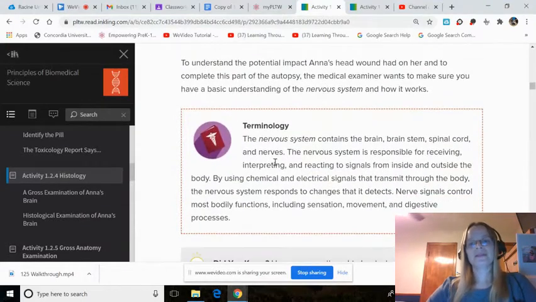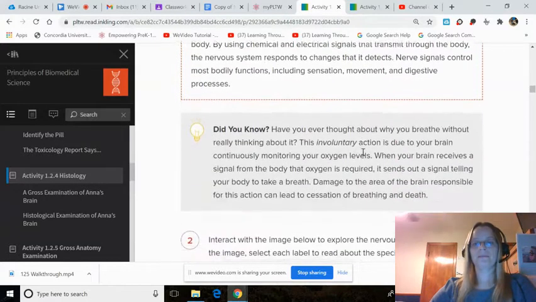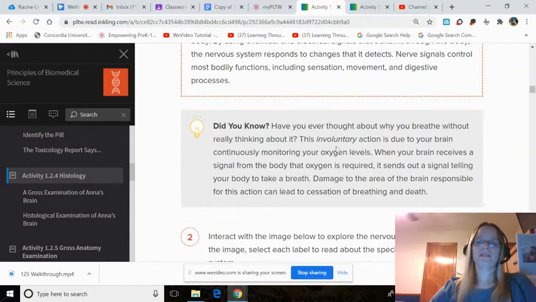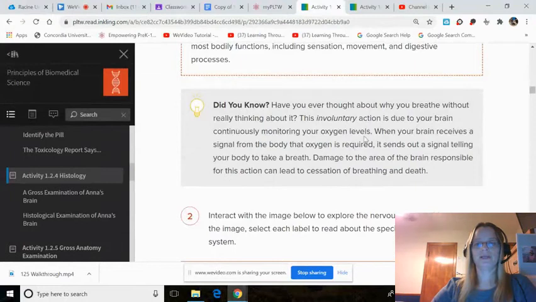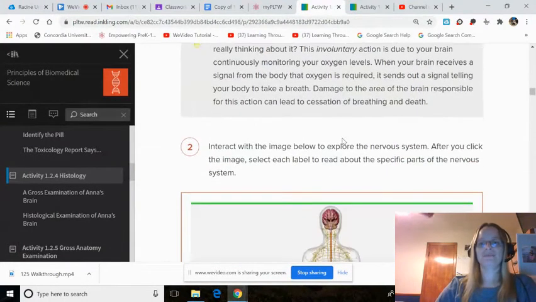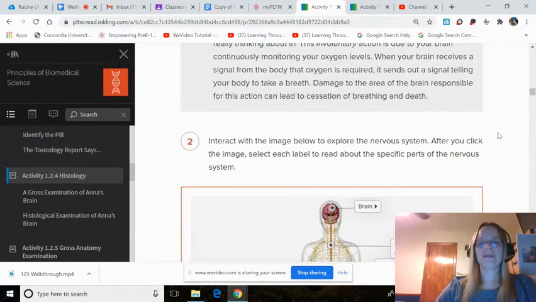Okay? So the nervous system contains the brain, brainstem, spinal cord, and nerves. Okay? The involuntary action of breathing without thinking about it is your brain constantly monitoring your oxygen supply. It's pretty cool, right?